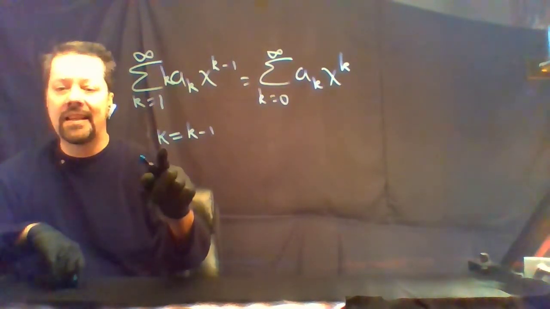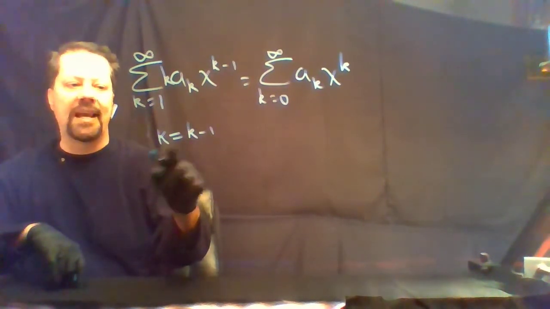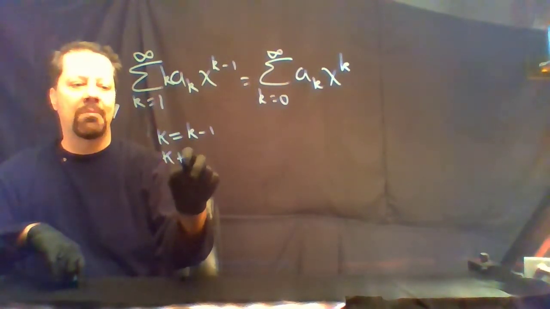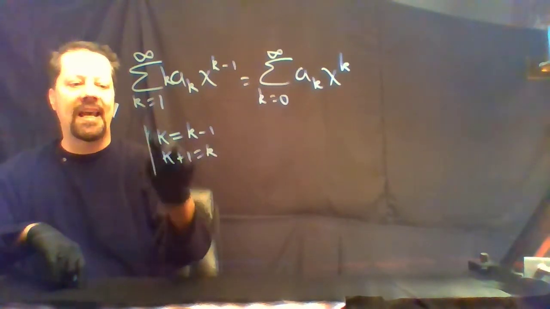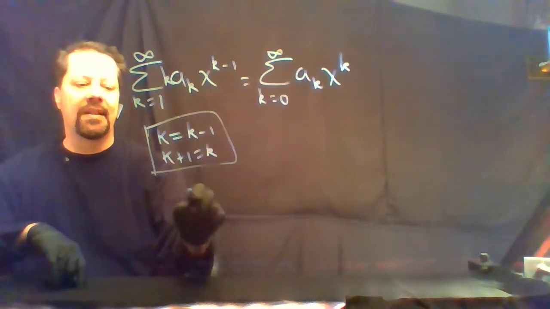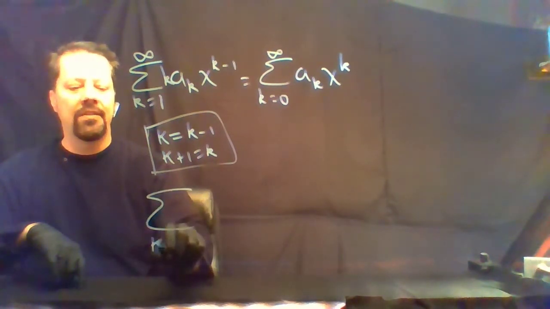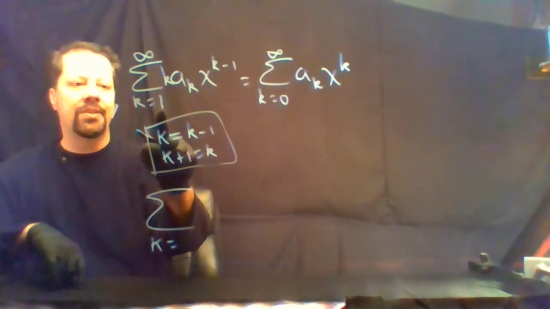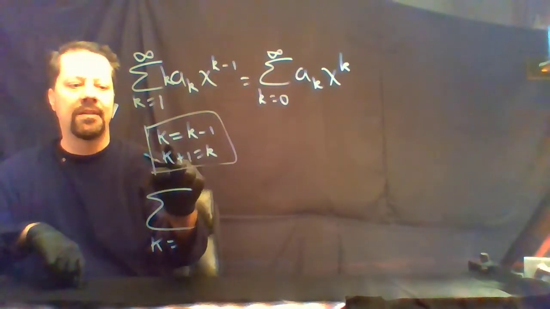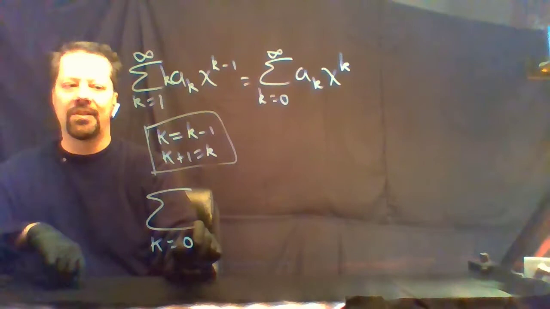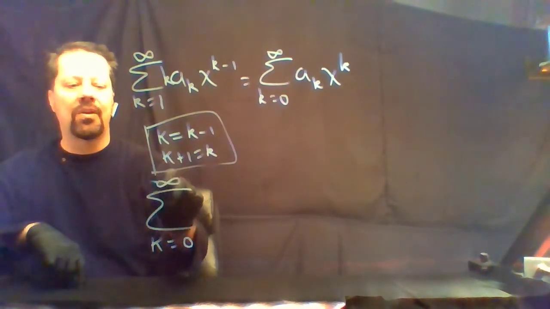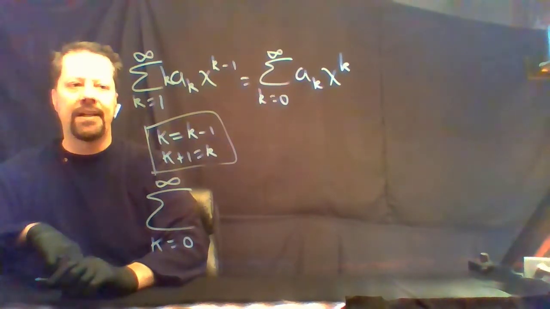I'm going to call it capital K. Capital K is going to be old k minus 1, which also means k plus 1 will be equal to the old k. I'm going to use these two facts to re-index the sum on the left. The new k is going to start where the old k was equal to 1. If the old k is 1, the new k starts at 0. As the old k goes to infinity, the new k also goes to infinity.